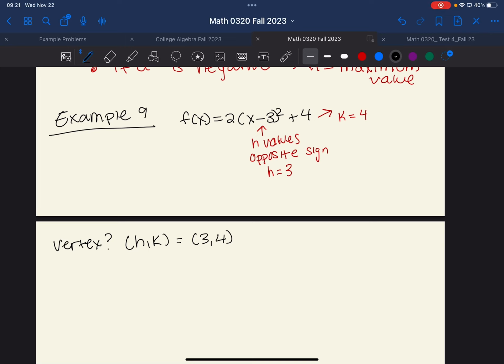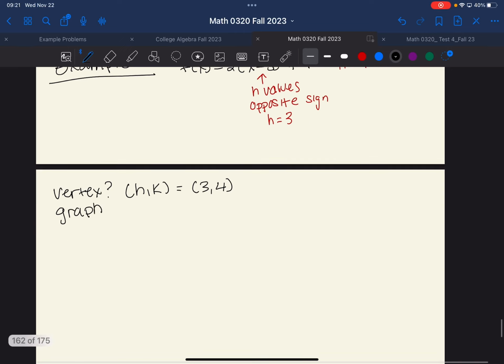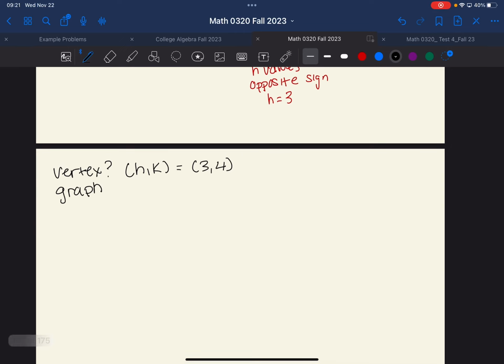Okay. Then it says graph the function. Remember, when we graph, we're just going to have a couple points in there. So I'm going to create my table with my f of x function. And I'm just going to plug in 3 numbers, so -1, 0, 1, and see what I get.